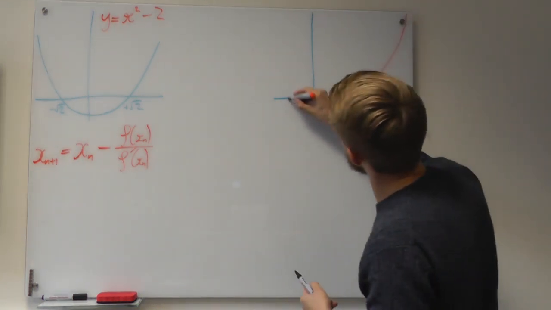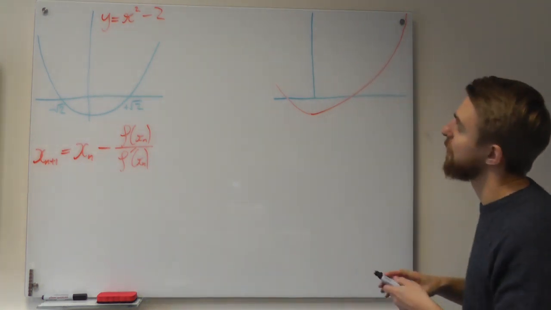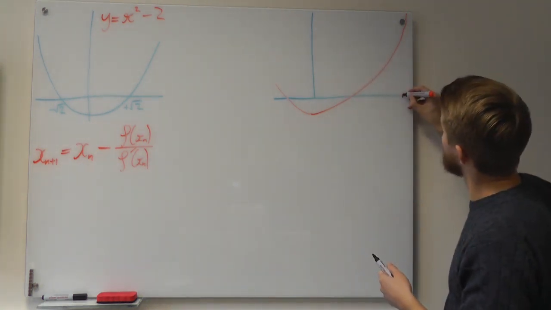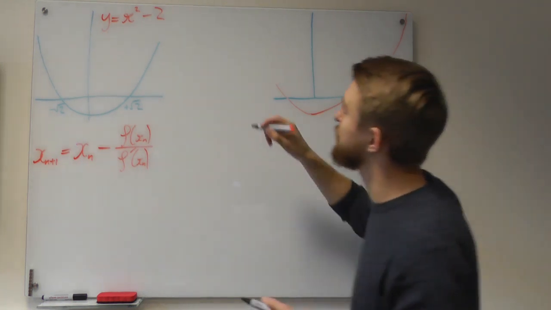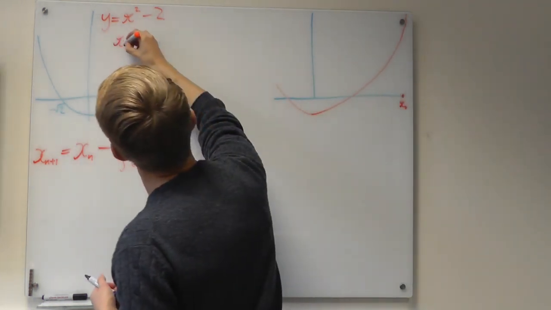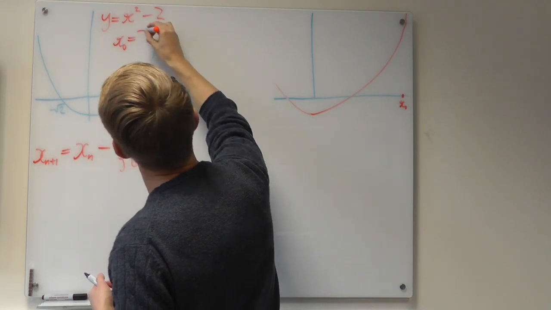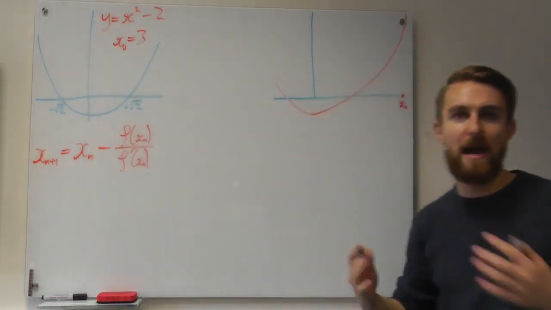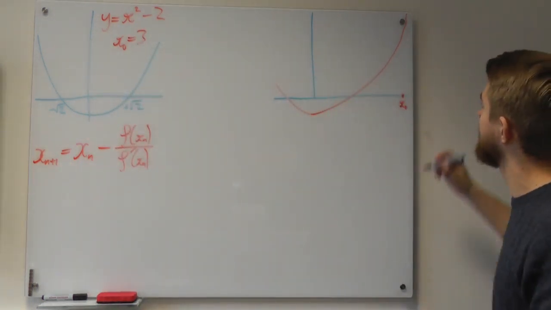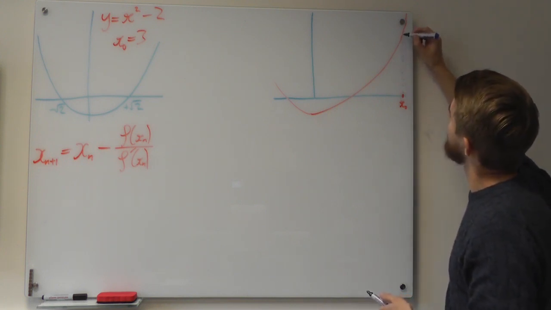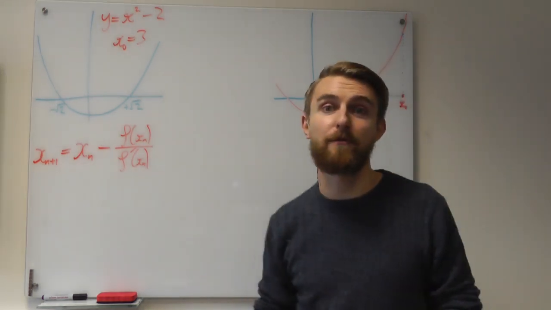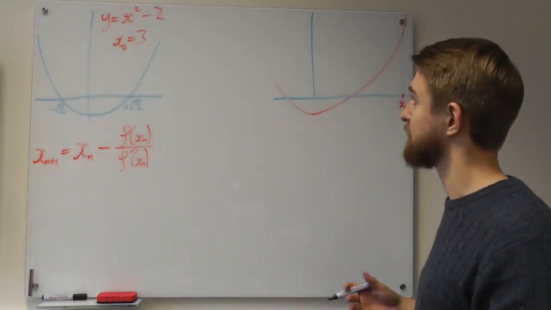Okay, and it obviously extends up over here as well. So if we say that x naught is over here, and our initial guess is x naught equals 3. So starting from that point, we want to apply the Newton-Raphson method for 3 iterations.